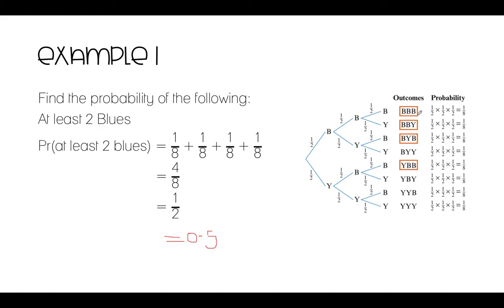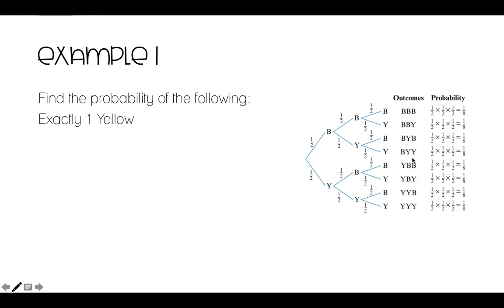But you do need to be mindful that the probability must be the same. If the probabilities for each one is different, you can't just look at how many there are and do it as an experimental probability. So exactly 1 yellow. So again, let's highlight 1 yellow, 1 yellow, and 1 yellow. Now this is exactly, which means they can't be more and they can't be less.